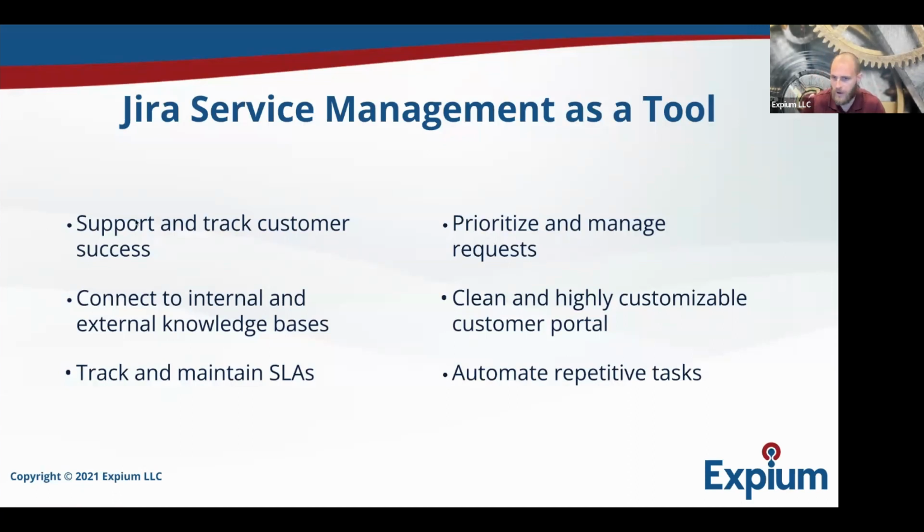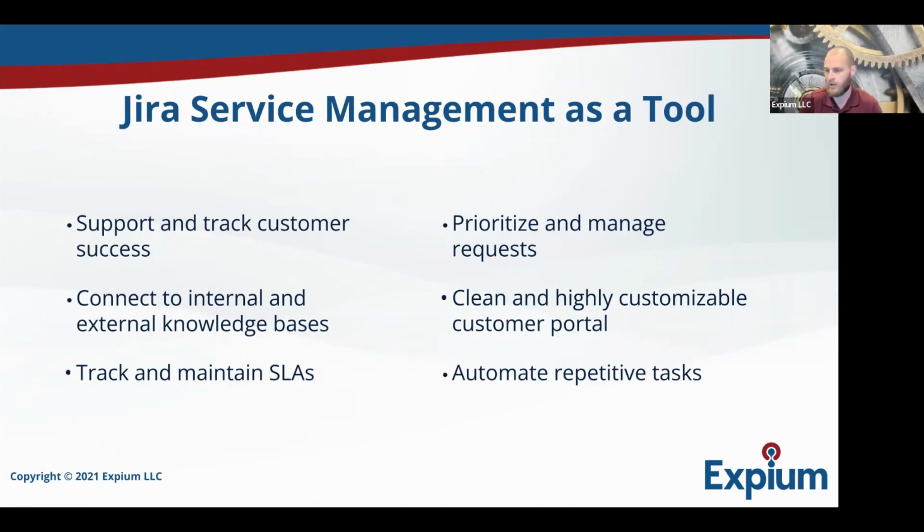And so, yeah, we talked about how there's a support and a tracking process. Something we'll talk about briefly is knowledge base. We have a knowledge base opportunity where we're able to present knowledge articles to our customers and to our agents. We can track and maintain SLAs, if that's a new acronym for you. That stands for Service Level Agreement.